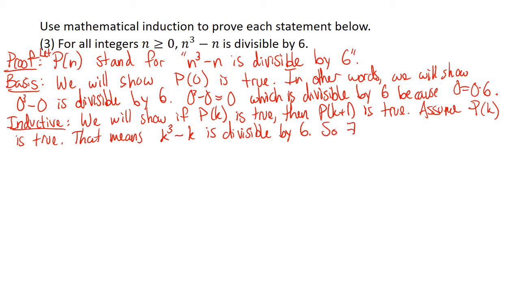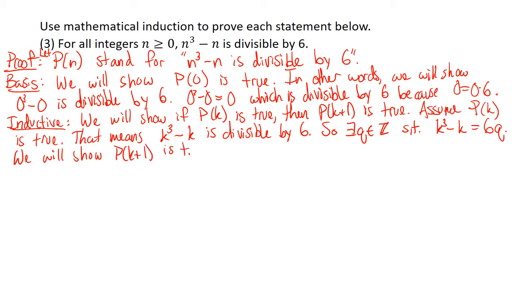That means there exists some integer, I'll just call it q again because I'm not very creative. There exists q in the integers such that k cubed minus k equals 6q. Now we're going to show that p of k plus 1 is true.